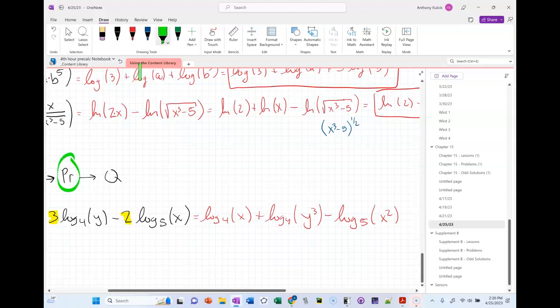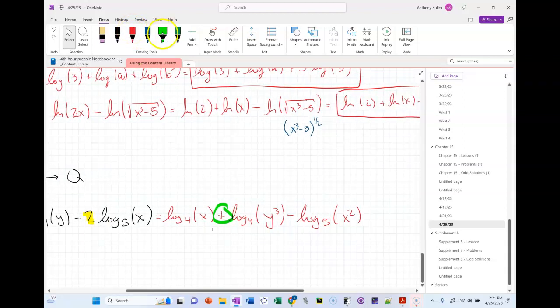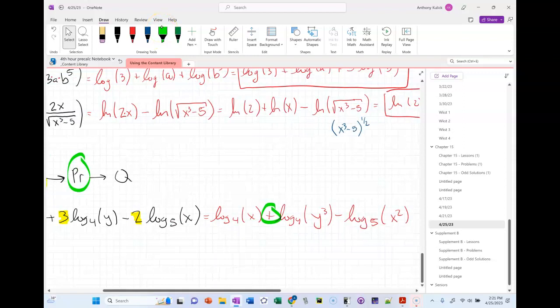The next thing we're going to do is look for product properties. So instead of looking for multiplication inside the logarithm, we're going to look at the addition of 2 logarithms. So I see a product property happening right there.